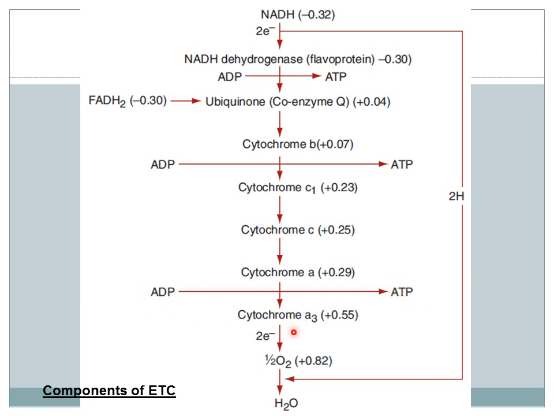And finally, cytochrome A3 gives the 2 electrons to half oxygen molecule, that is 1 atom of oxygen. That atom of oxygen takes the 2 electrons and the hydrogen coming from NADH or FADH2 and forms water.